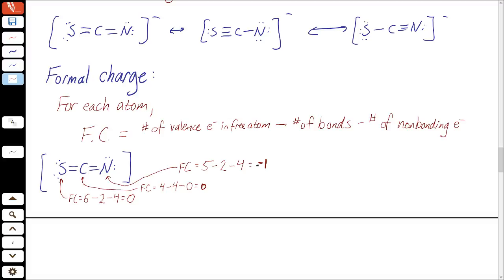So when we draw Lewis structures, any non-zero formal charges that come up, we need to pay attention to. One thing is that the formal charges all have to add up to the overall charge of the ion. So this is a -1 ion, which means all of the formal charges have to add up to -1.